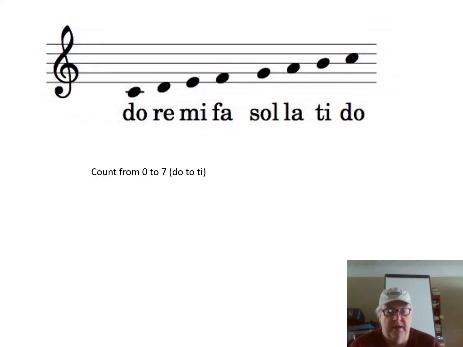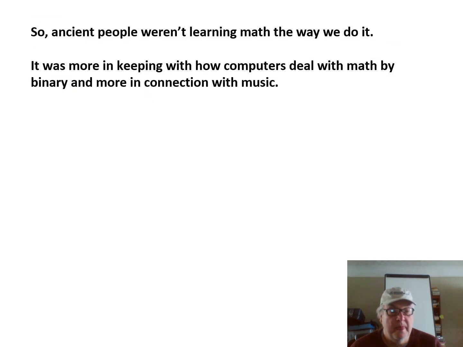So this is how music is written. You go do, re, mi, fa, sol, la, ti, do, and that is counting from 0 to 7. So ancient people weren't learning mathematics the way we do it. It was more in keeping with how computers deal with mathematics by binary, and more in connection with music.